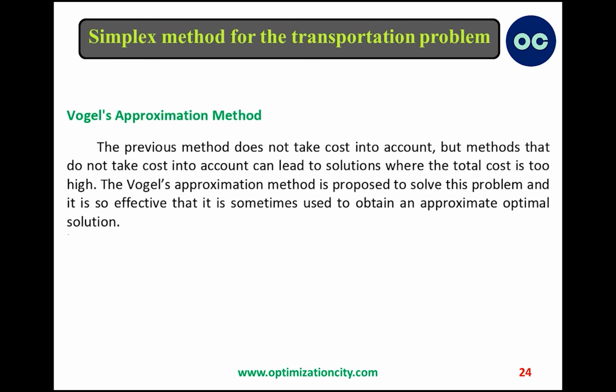In step 4, allocate as many units as possible using the variable, considering supply and demand constraints. And in step 5, we repeat steps 1 to 4 until all supply and demand are satisfied. By applying the Vogel approximation method, we can obtain an initial basic solution for the given simplex method while considering the cost.